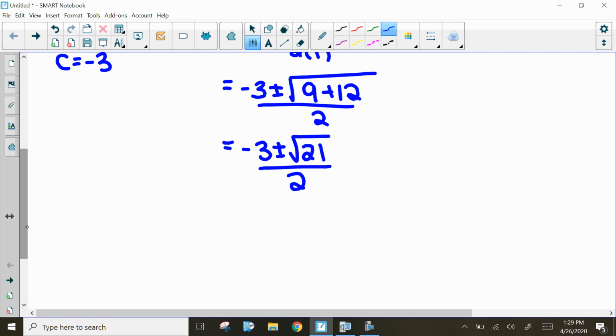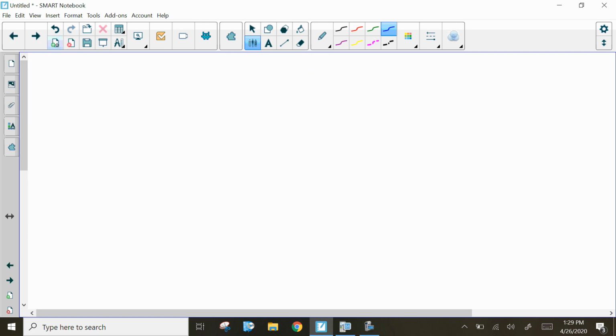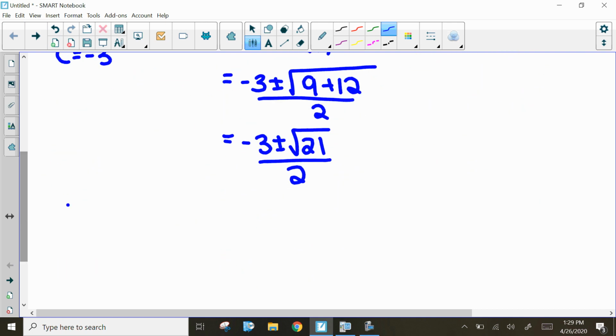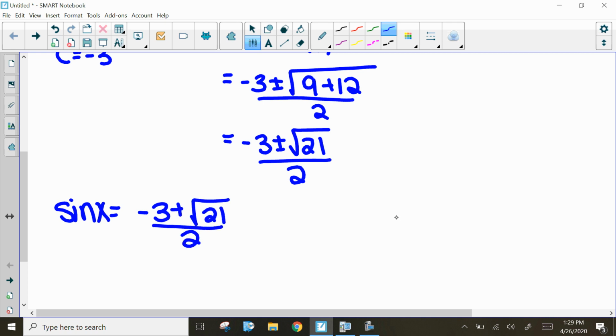So I'm going to say sine of x is negative 3 plus root 21 over 2. And I'm going to do a separate equation where sine of x is negative 3 minus root 21 over 2. So remember, for our domain restriction, sine has to be between negative 1 and positive 1.